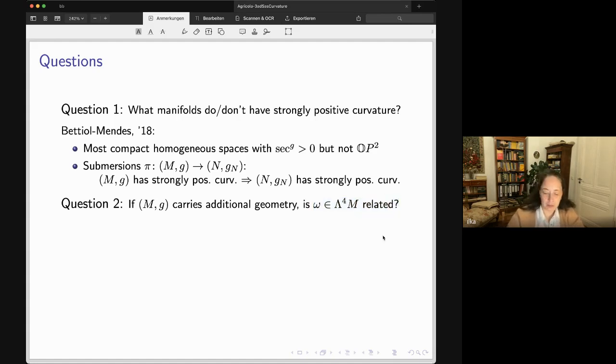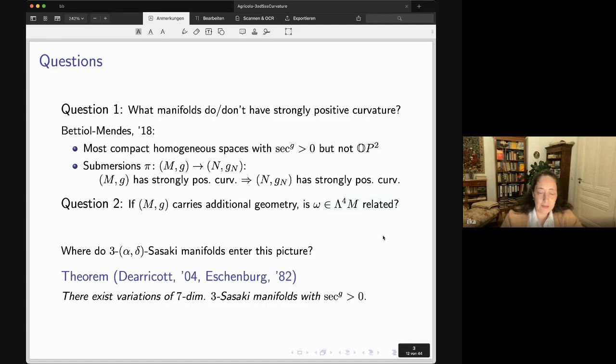Good. And last question, how is all that related to these infamous 3-alpha-delta Sasaki manifolds, which already appeared in the title? There is a famous theorem by Agricola and Höll that claims that there exist variations of 7-dimensional Sasaki manifolds with positive sectional curvature.